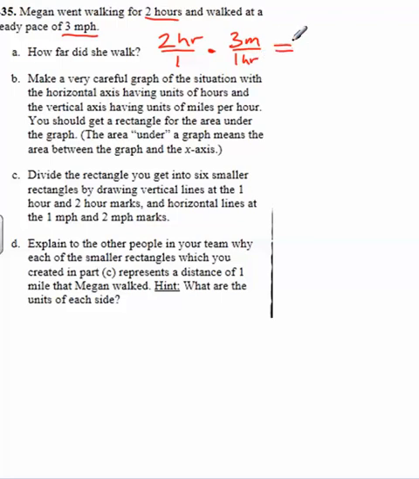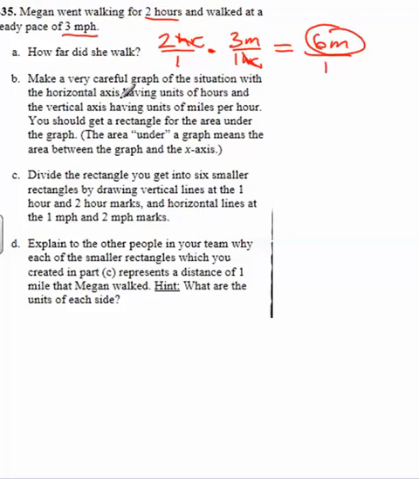So when we multiply this, units can simplify just like variables. And what we're left with is 1 on the bottom, and across the top we multiply 6, and we have 6 miles is how far she's gone. Now step back and think about that. Does that make sense? 3 miles per hour for 2 hours? Yeah, 6 miles is how far we traveled.